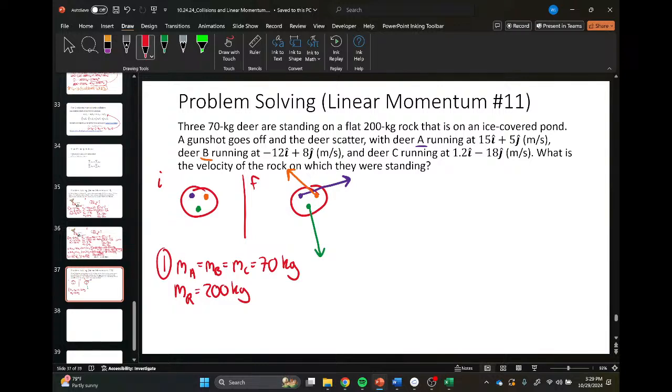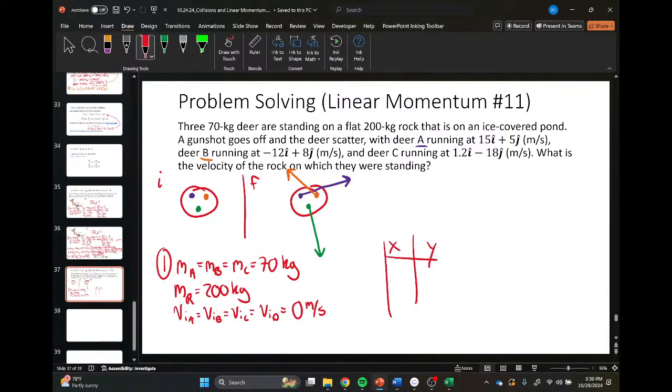Okay, and now the initial velocity of A equals the initial velocity of B equals the initial velocity of C equals the initial velocity of D equals 0. And then the finals. I'm going to immediately break up the finals, and I'm going to make a little table for this because I don't want to write as much.